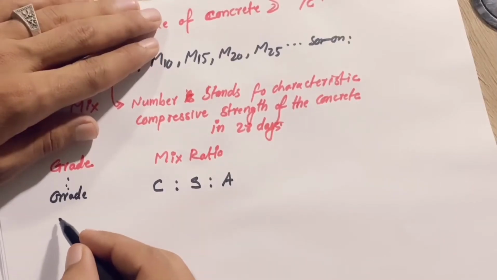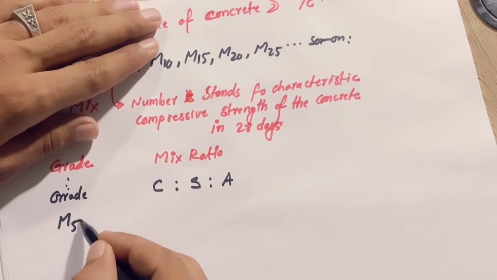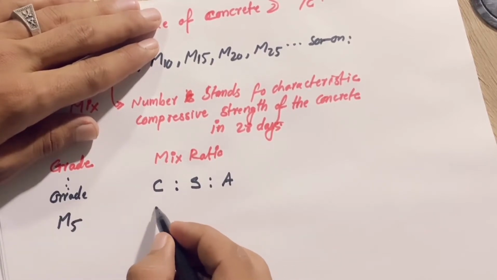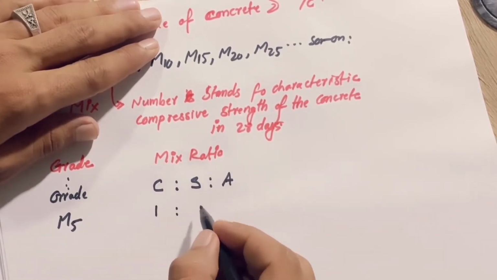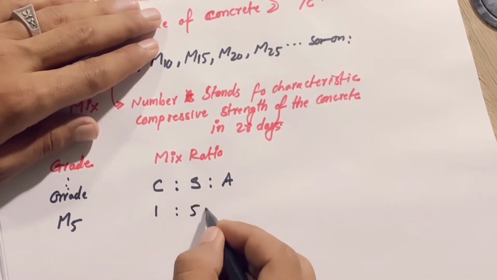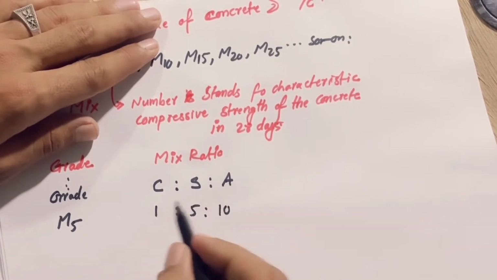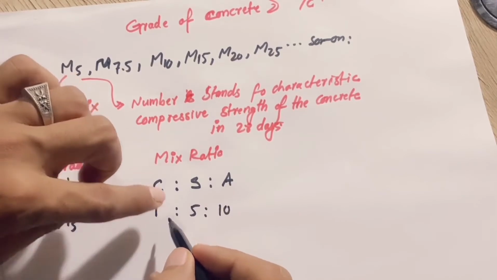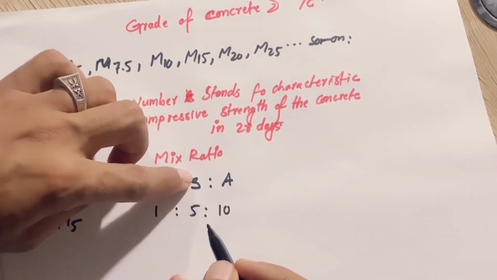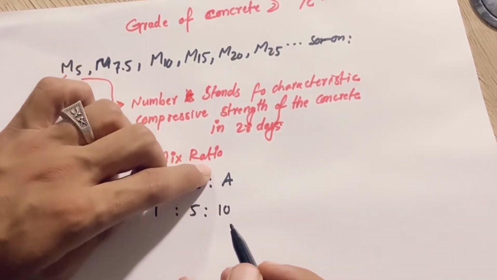For M5 the mix ratio will be 1:5:10. 1 indicates the cement ratio, 5 indicates the sand ratio and 10 indicates the aggregate ratio.